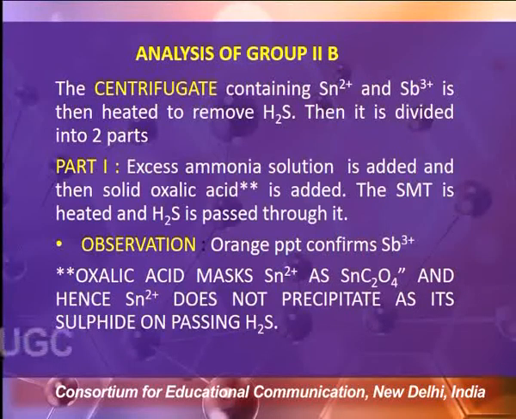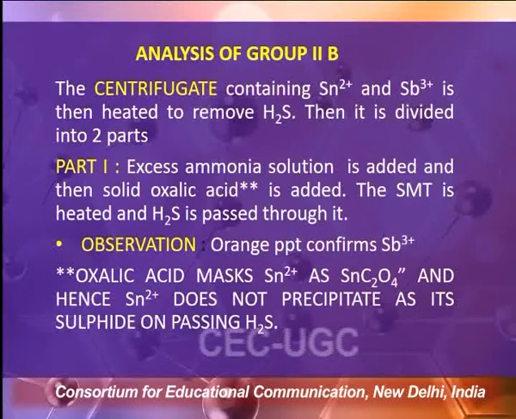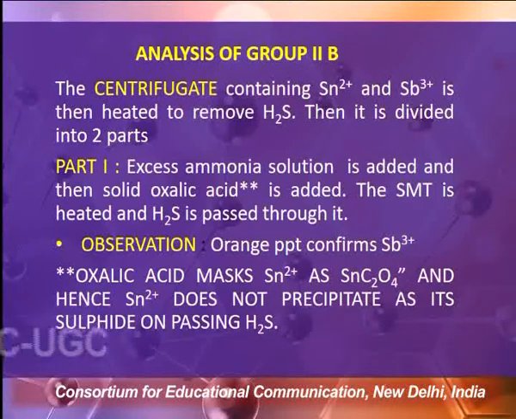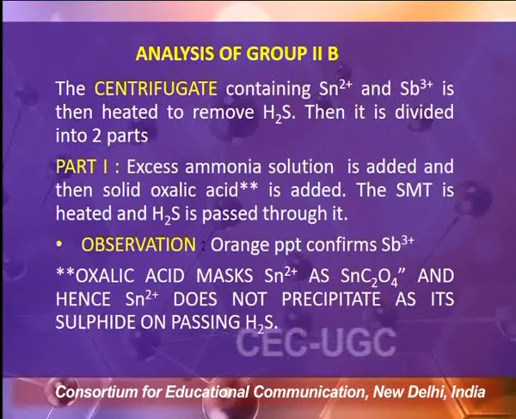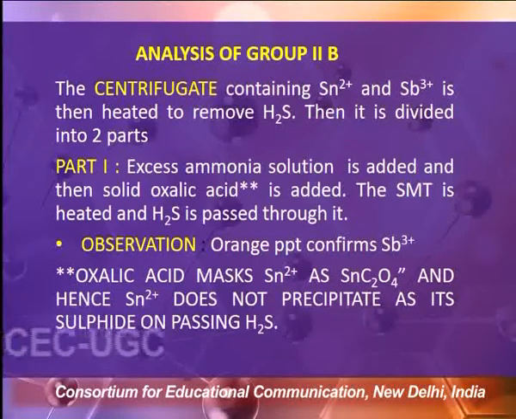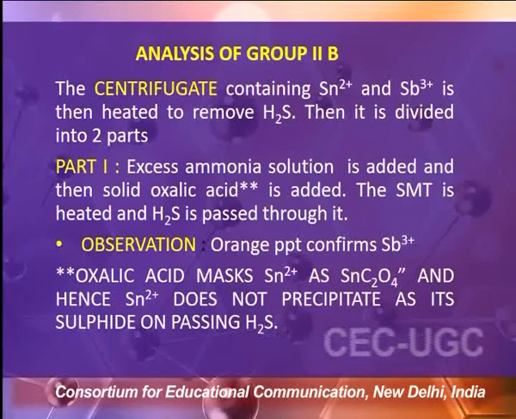The first part is taken and excess ammonia solution is added to it, and then some amount of solid oxalic acid is added. This semi-micro tube is further heated and again H2S is passed through it. If an orange precipitate is now observed, it confirms the presence of antimony as the cation in the mixture.